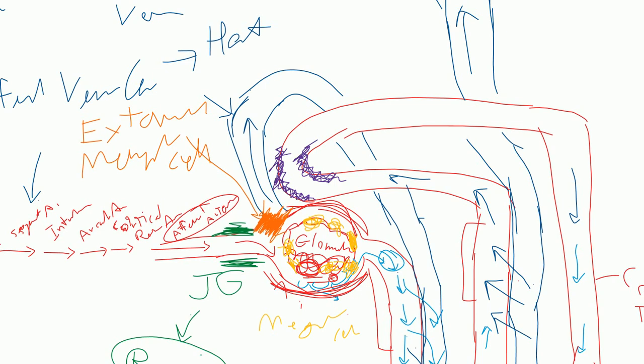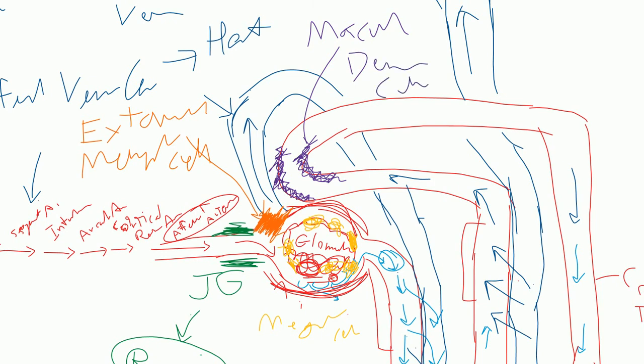It doesn't want to hang out on the further side. It doesn't want to hang out in the collecting duct either. It just happened to be right in this particular part of the distal convoluted tubule, very close in proximity to that JG cell. These guys are called macula densa cells.